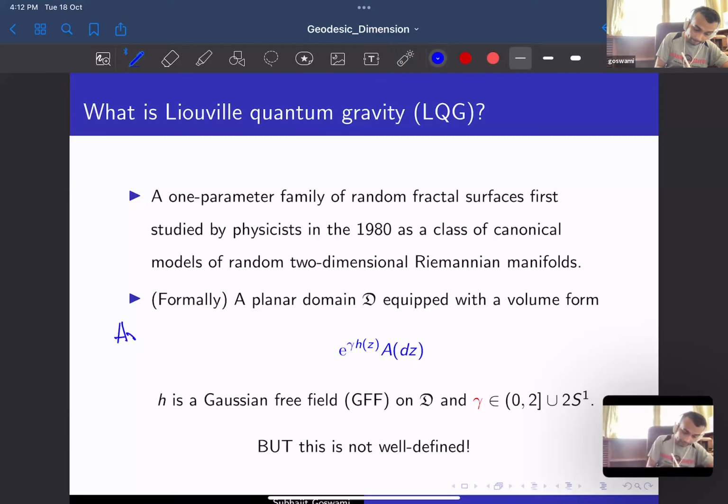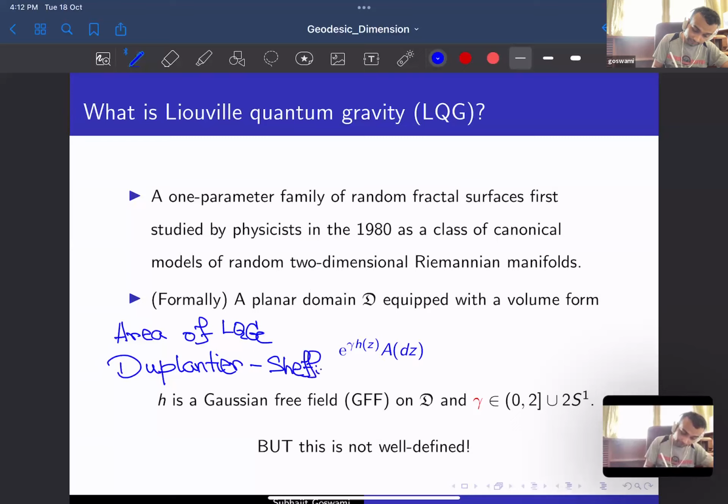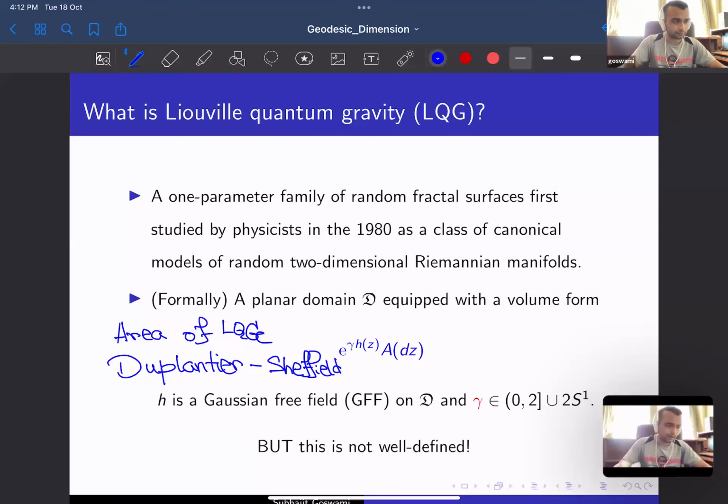In the probability literature, the work for the area form of LQG started with the work of Duplantier and Scott Sheffield, where they made sense of the area form using an apparatus, which they probably independently discovered, because it was actually done before but is not quite well known, called Gaussian multiplicative chaos.